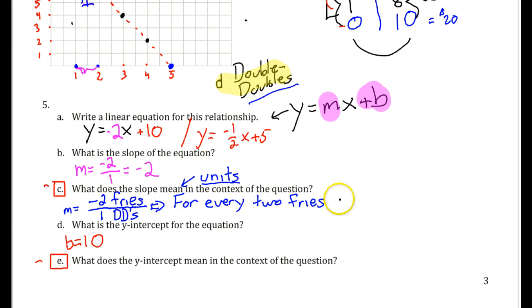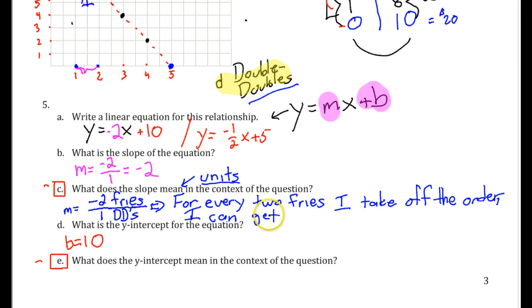Every 2 fries, take off the order, okay, I can get 1 more double double.